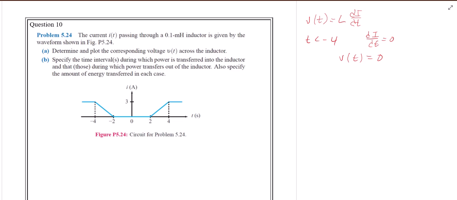When t is between -4 and -2, then we can find the slope by looking at rise over run. So v of t equals L, which is 0.1 millihenry, so 0.1 times 10 to the -3rd, times di dt.